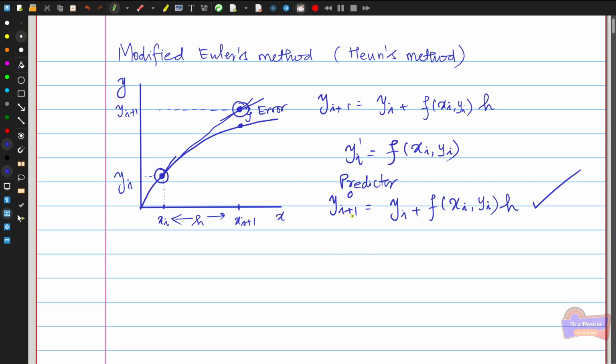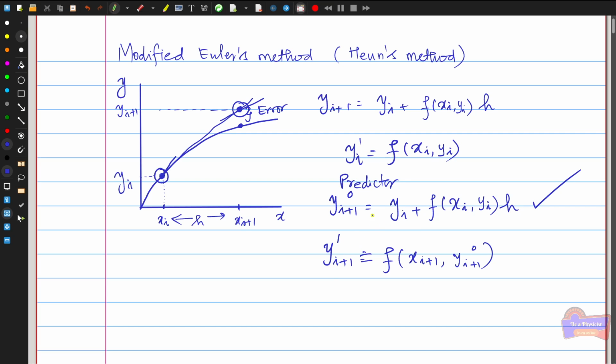So using this predictor step, we can find the slope y'_{i+1}, which is equal to f(x_{i+1}, y_{i+1}^(0)). Therefore, now we have two slopes, y_i' and y_{i+1}'.